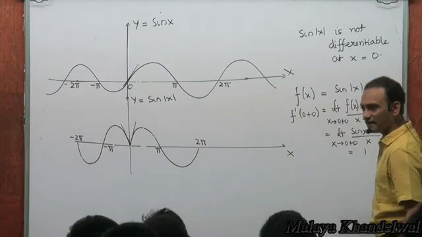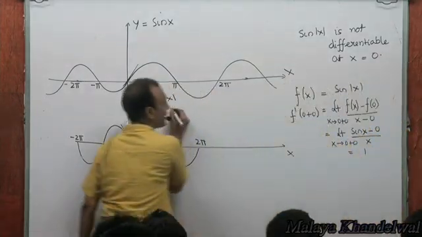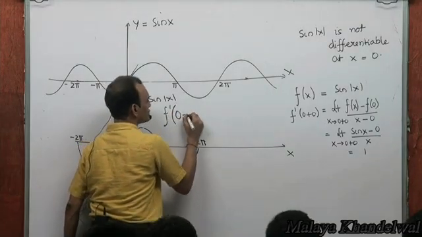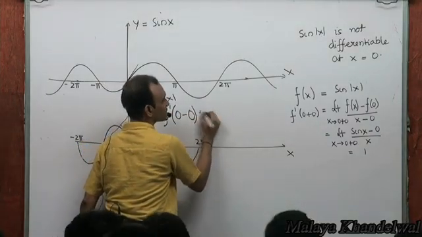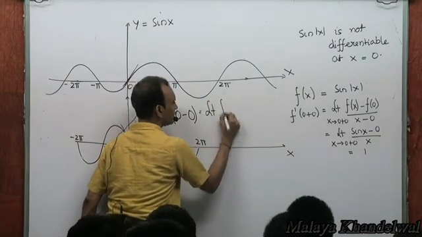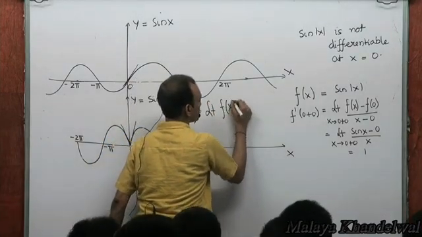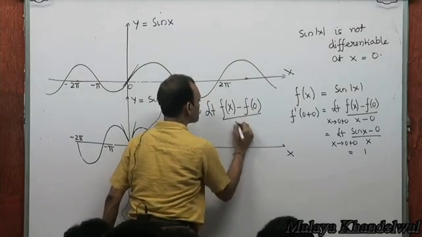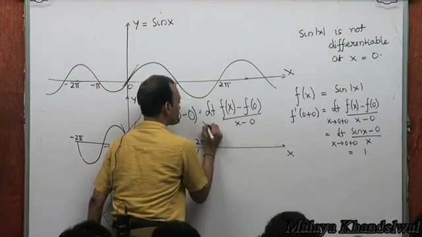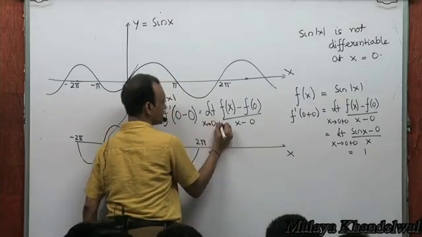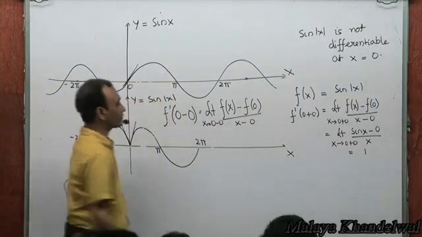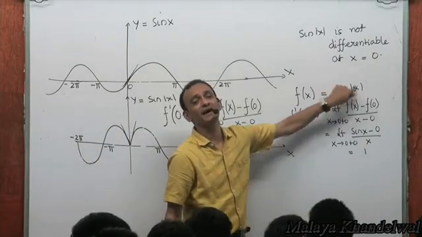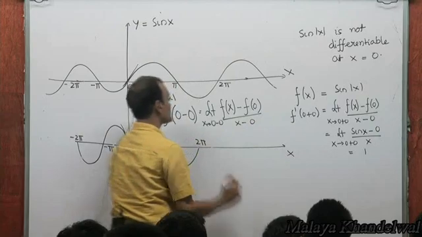Right hand derivative at x equal to 0, whereas left hand derivative at x equal to 0, f dashed 0 minus, is limit of f(x) minus f(0) by x minus 0, x tends to 0 from the less than 0 side. When x is less than 0, mod x would be minus x, sin of minus x would be minus sin x.